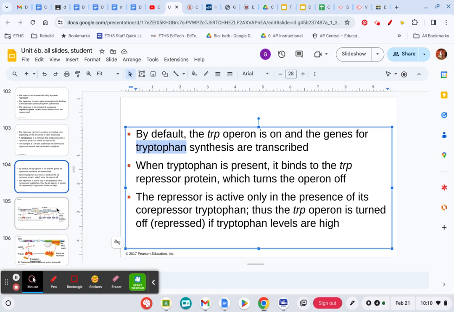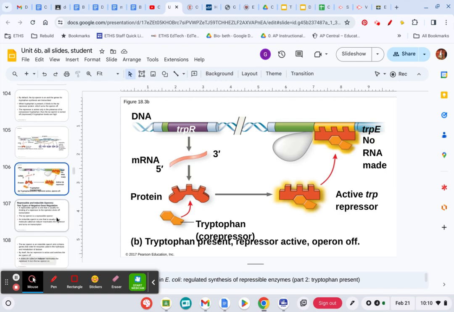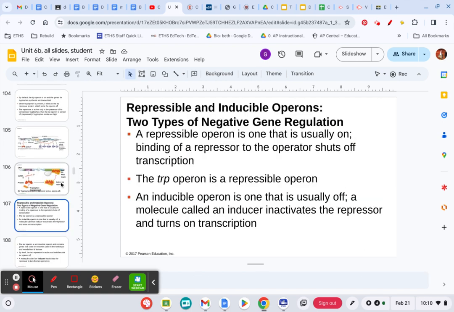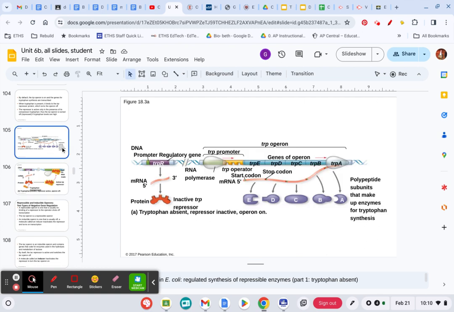So the picture I showed you, and I think we kind of ended maybe down here. Yeah. This is the one that shows the entire operon. So it's got all the genes that work together.